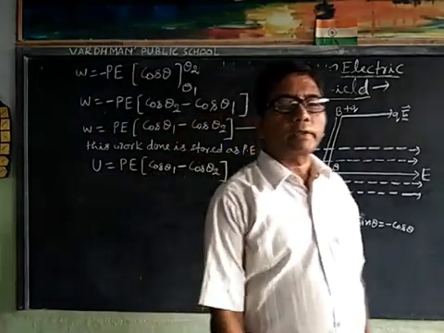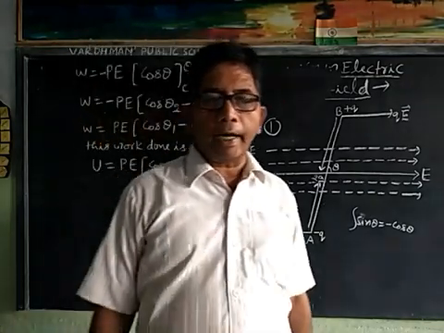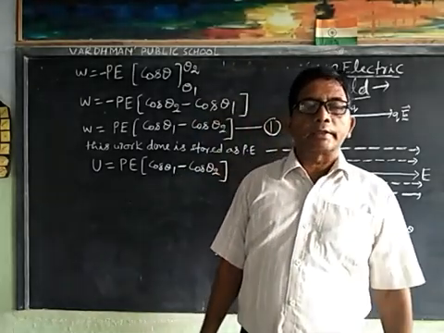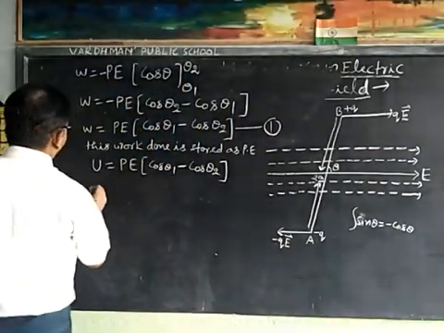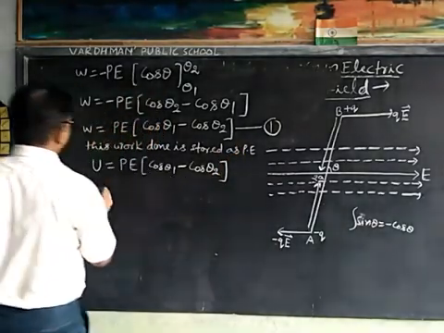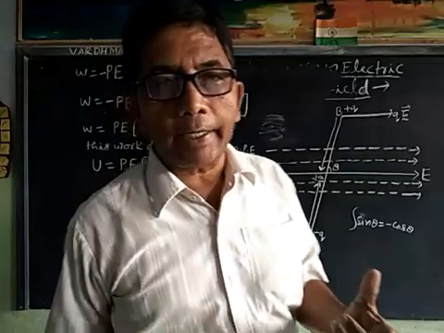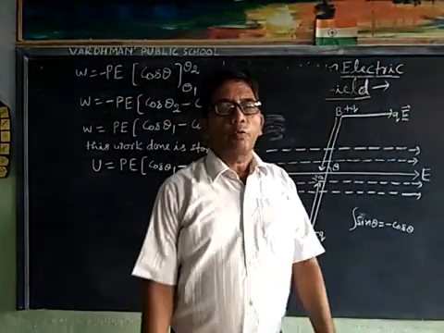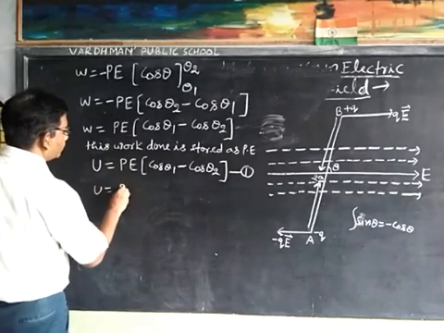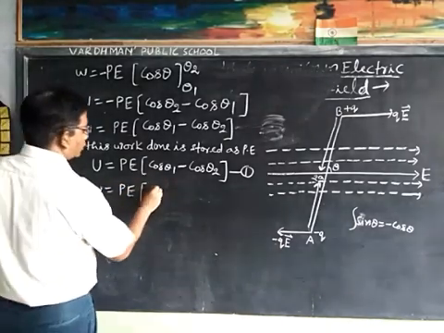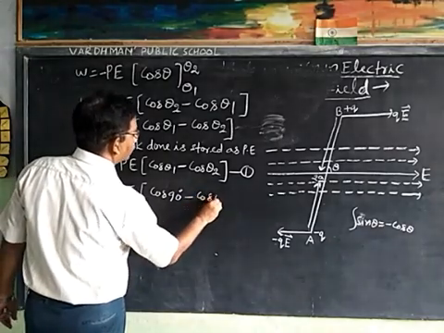Suppose the dipole is initially at right angle to the electric field E. Therefore, the work required to rotate it through an angle theta is U is equal to PE into cos 90 minus cos theta.